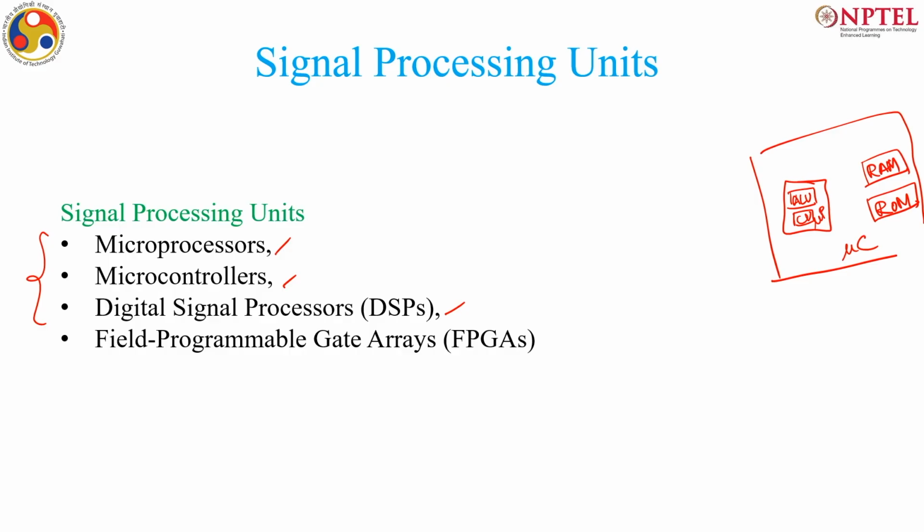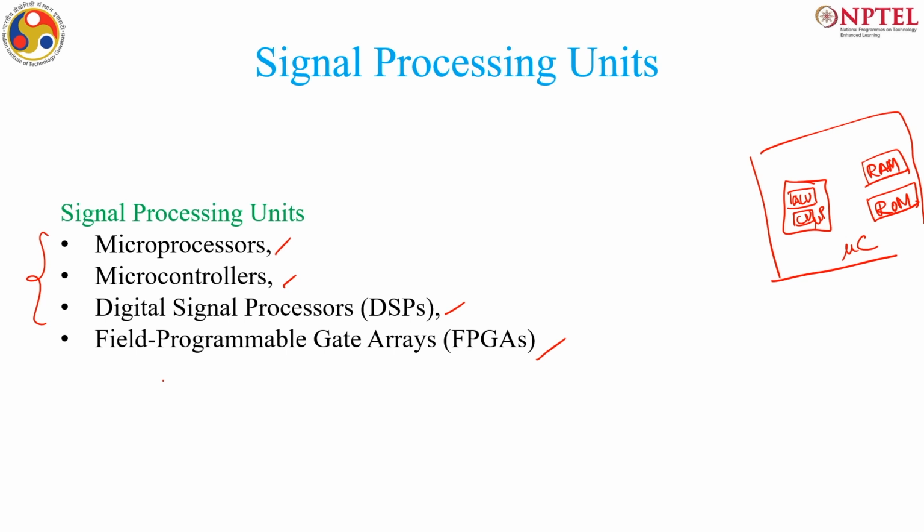And finally, we have the FPGA or field programmable gate array. Now, this is a different concept altogether, because in the others, by changing the filter, you are just changing the code. That means the content of the registers of your program memory are just changing. So, you write a separate code, it will work as a separate filter.